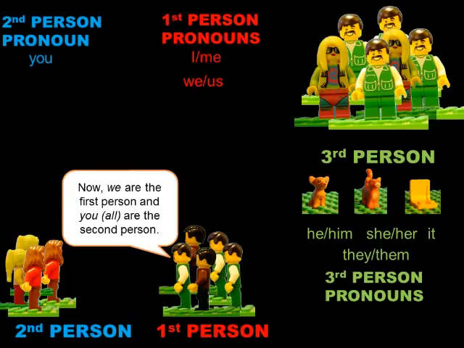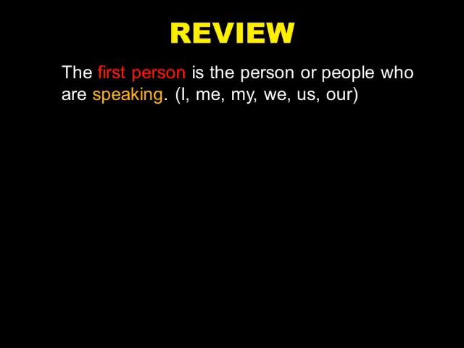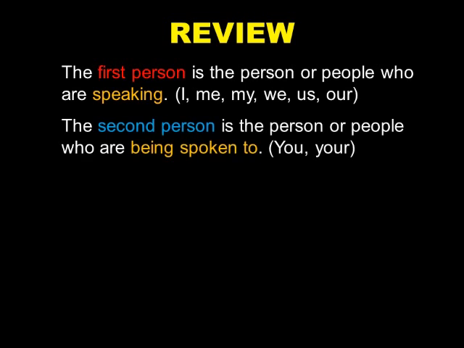If you understood this, you should have got the concept, but let's review it one more time. The first person is the person or people who are speaking. We recognize the first person with English words like I, me, my, we, us, and our. The second person is the person or people who are being spoken to.